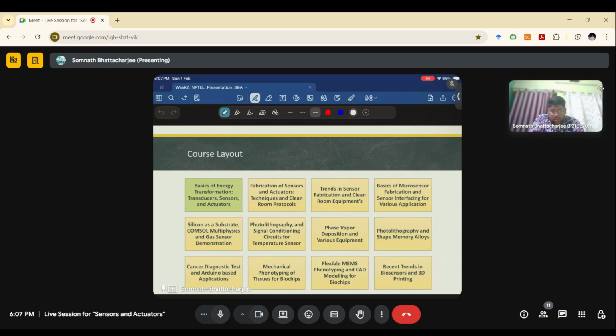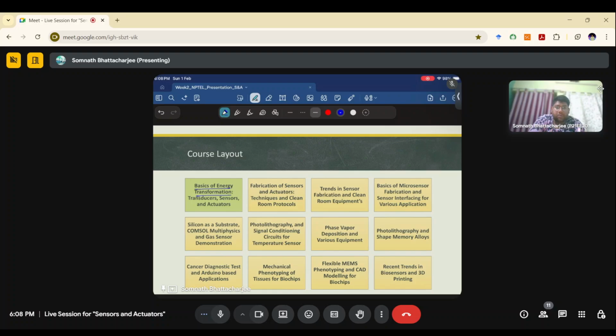In the previous class, we learned the basics of energy transformation: sensors, actuators, transducers, the different types based on different principles, and the design objectives you need to have when using a transducer or sensor for a specific purpose, what kind of material you need to use, and what fabrication procedure you need to follow.